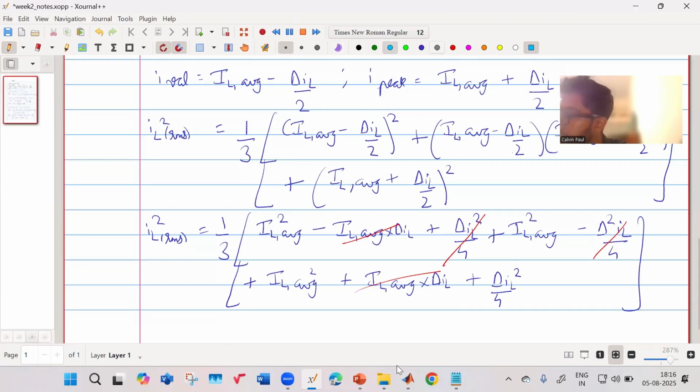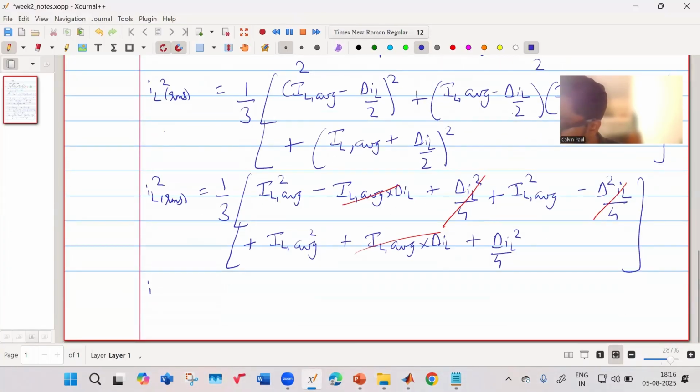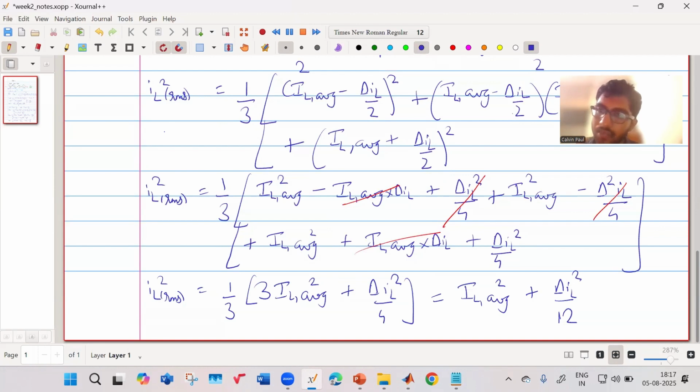So what we are left with, IL RMS square is equal to 1 by 3 into (3 into IL average square plus delta IL square by 4). So that actually is equal to IL average square plus delta IL square by 12. So this is the same formula which sir derived. I've derived it in a different way.